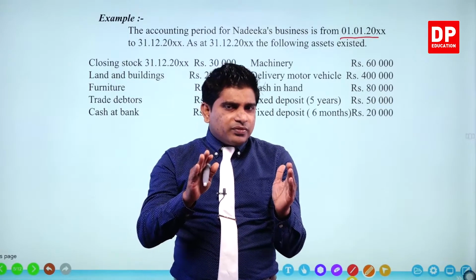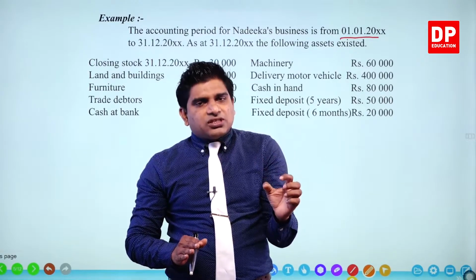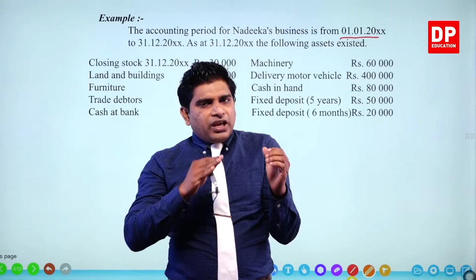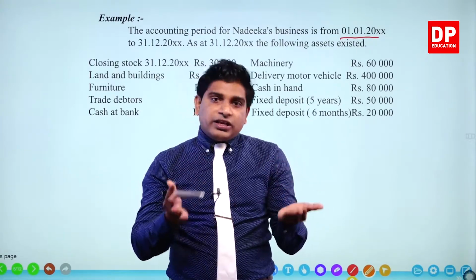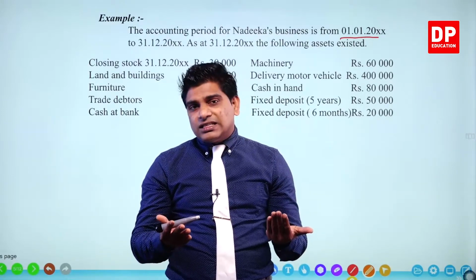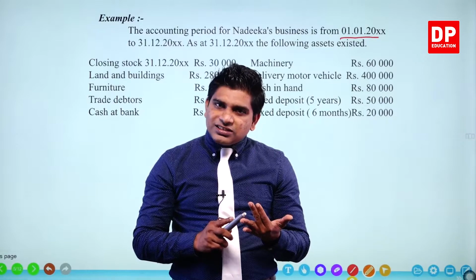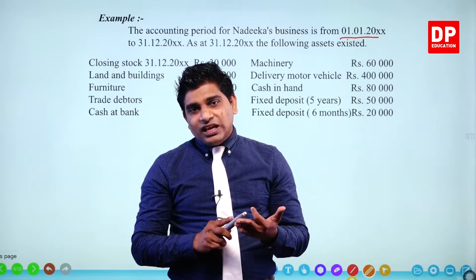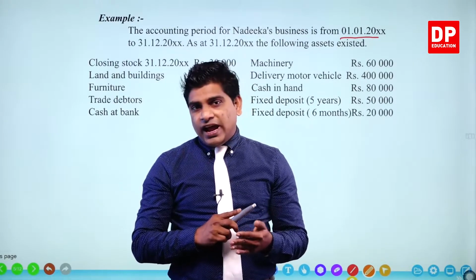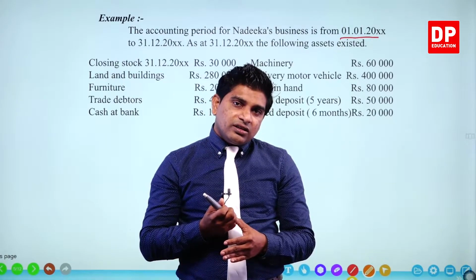Then you remember, non-current assets are the assets that we can use for more than 1 year. What are the examples? Land and buildings, vehicles, furniture, equipment, vans, delivery vehicles, right?